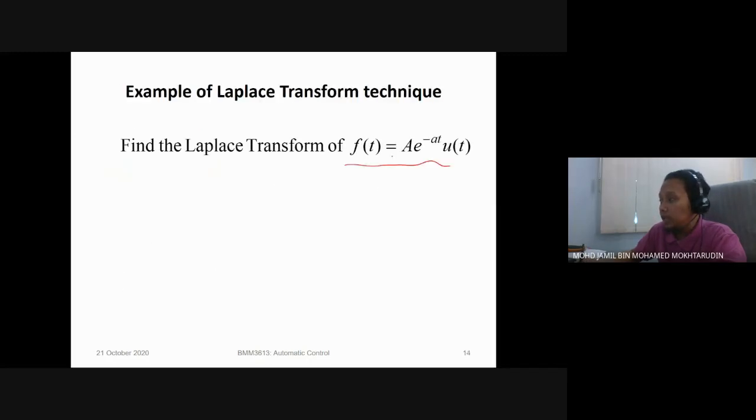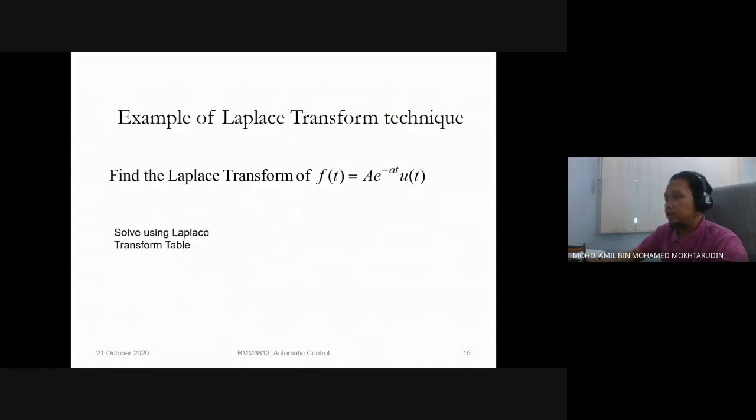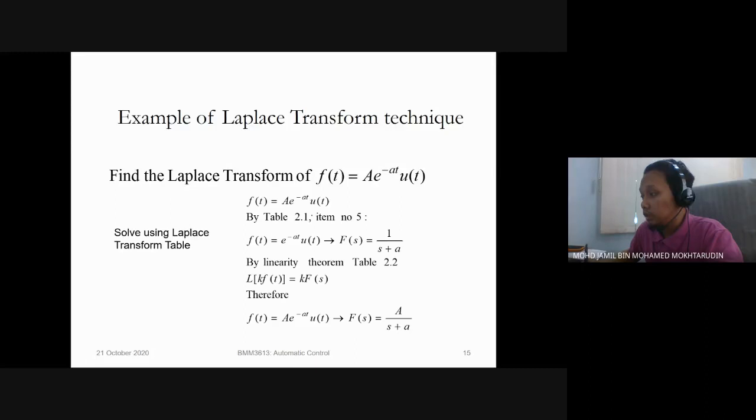So here is another example. If you have f(t) equals A times exponential of negative at times u(t), what is the Laplace transform? If you use the integral approach, it's a bit of a headache. But if you use Laplace transform, you can simply refer to the table. Looking at item number 5, exponential of minus at times u(t) becomes 1 over s plus a.